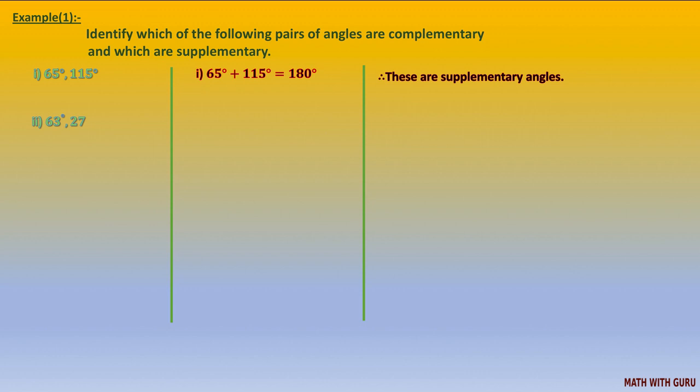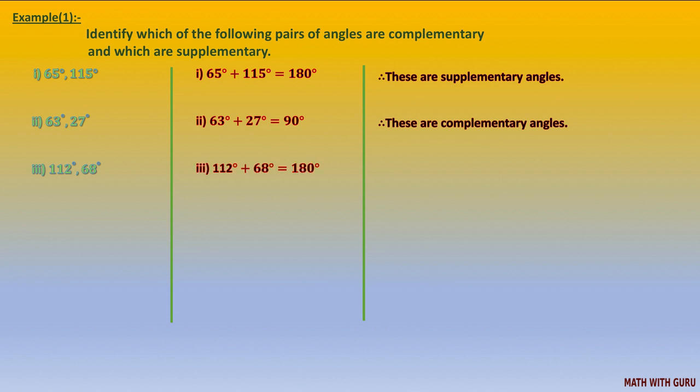Here is another pair, 63 and 27 degrees. Their sum is 90 degrees, so they are complementary angles. Here is a third pair, 112 and 68 degrees. They add up to get 180 degrees. These are supplementary angles. 138 and 42 degrees.